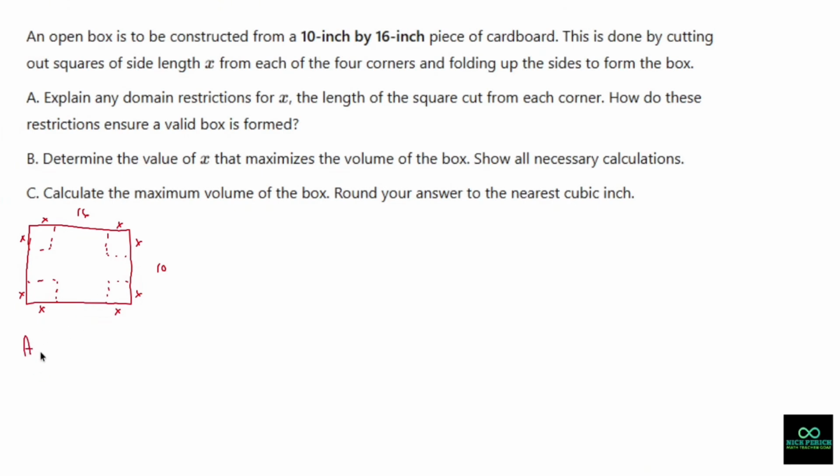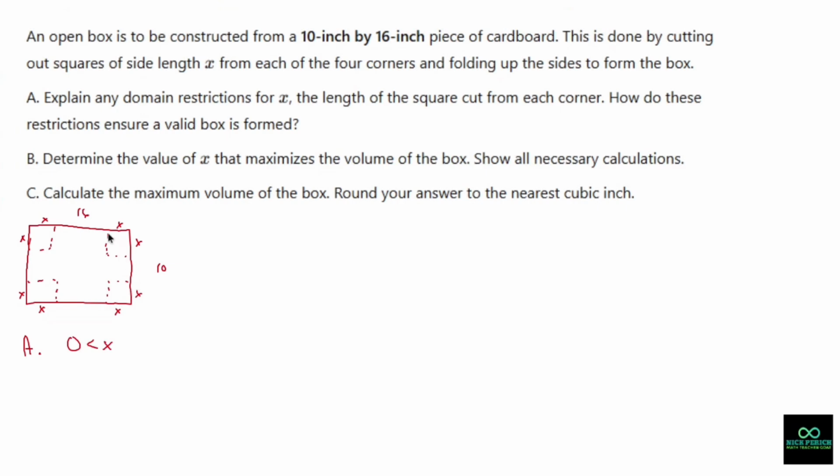Well, for A here, the smallest possible value that I could use is 0.00000001. I can cut a tiny, itty-bitty square and still have enough availability to fold it up and make myself a box with no top. So 0 is my smallest. Now my largest is found by taking the shorter side and halving it, but not equaling that.